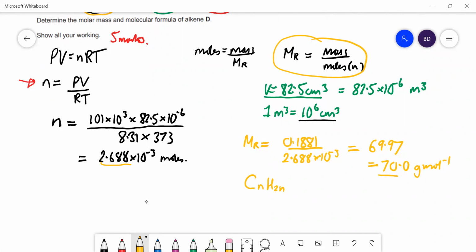So if we have 6 carbons, that's going to be too big. 6 times 12 is 72, that's too much, so 5. If we have C5H10, that would be perfect. That would have an Mr of 70. So what we've got there is pentene, and that is the last question on the paper.